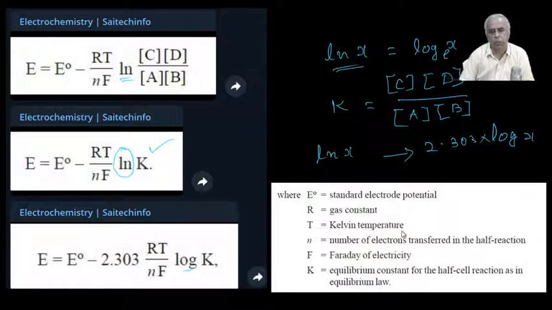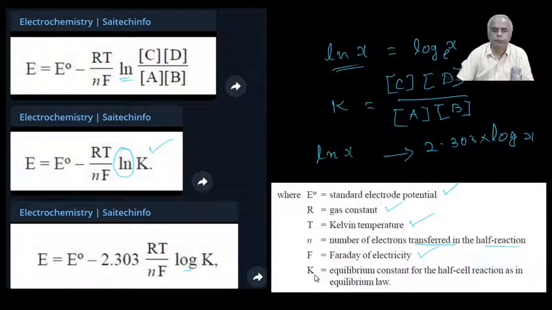For example, E naught is the standard electrode potential. Then R is the universal gas constant, T the Kelvin temperature, and N the number of electrons transferred in the half reaction. Then F the Faraday of electricity, is it not?